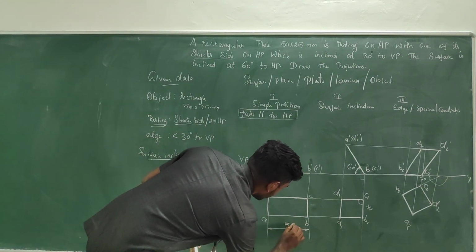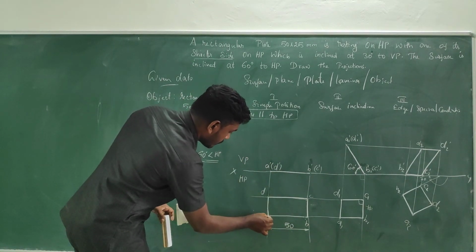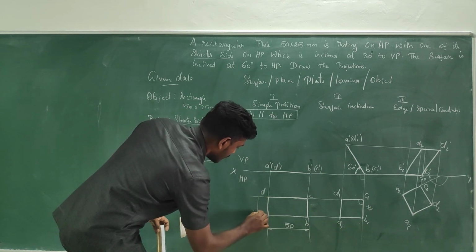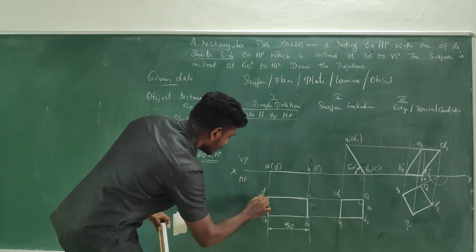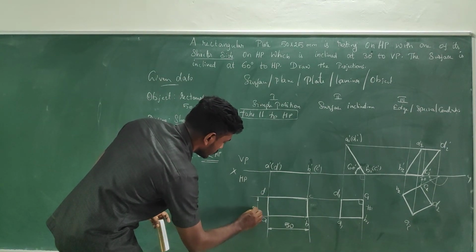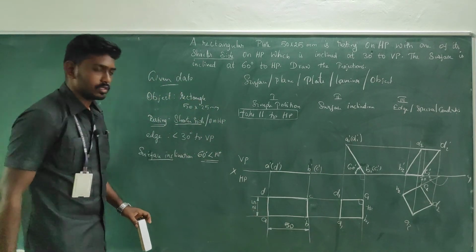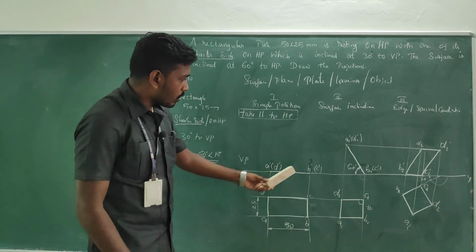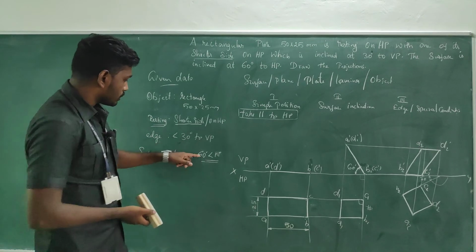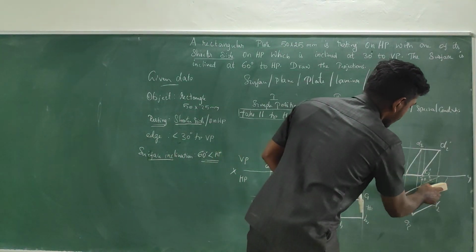For the shorter side, any of the sides, you can take the dimension line with filled arrows and write 25 above the line. Okay, above the line 25, something like this. Next, all the inclinations should be shown. So 60 degrees I have captured, and here is 30 degrees, that as well I have captured.